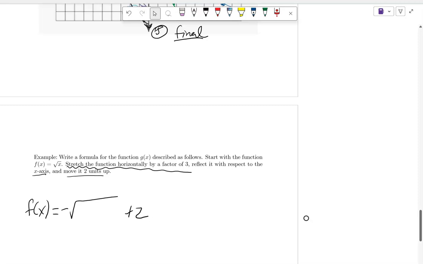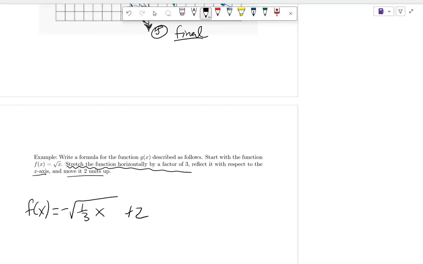Would it be x over 3? Good, exactly right. It'd be x over 3. We want to do a 1/3 of the x. It's the reciprocal. When you want to do a stretch horizontally, it's flipped upside down again, right? It's doing the opposite. So if I want to stretch by a factor of 3, I'll multiply by a 1/3. Okay? Because I know it's a little bit trickier.